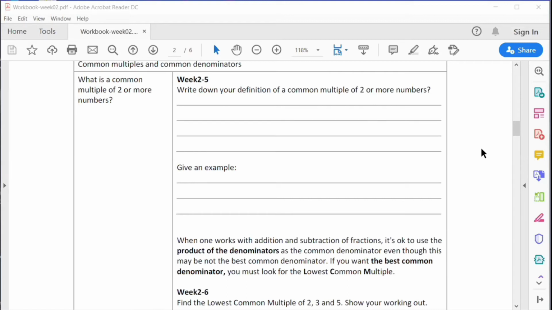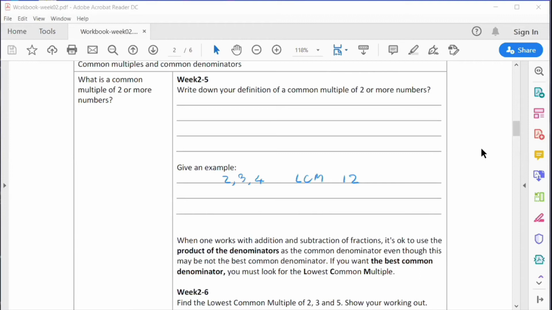All right, so an example is 2, 3, and 4. The lowest common multiple in this case is 12. So in this case, my definition sounds right. This is a larger number that all the others can divide into.